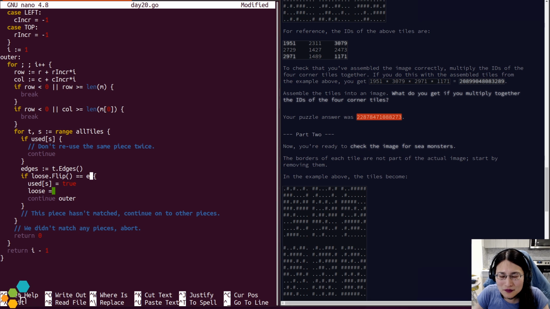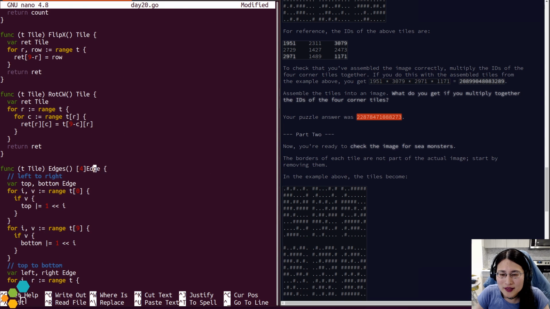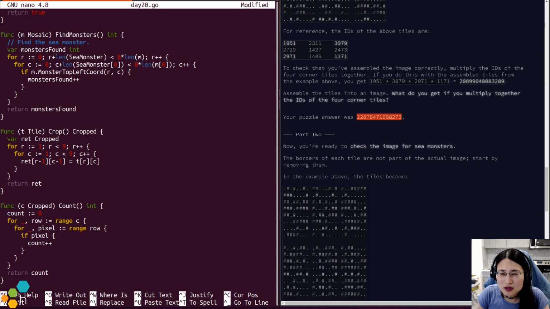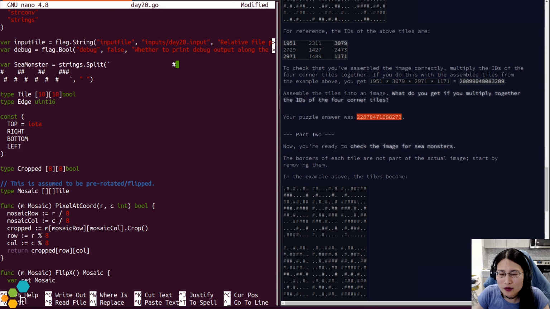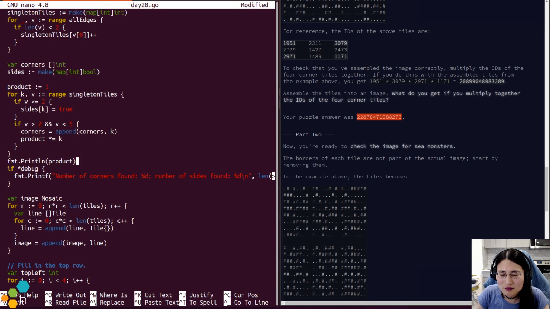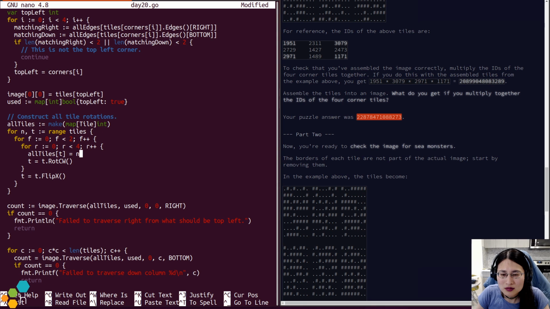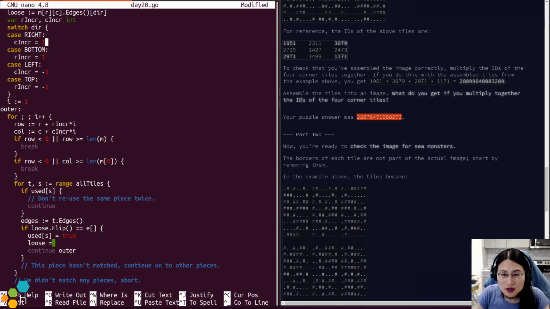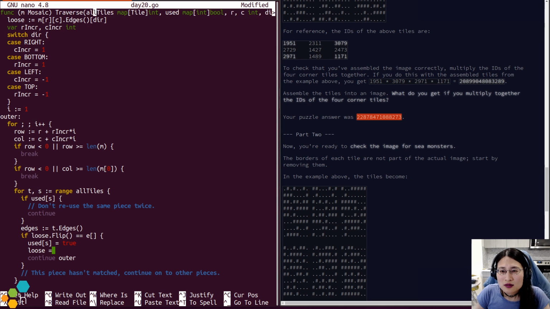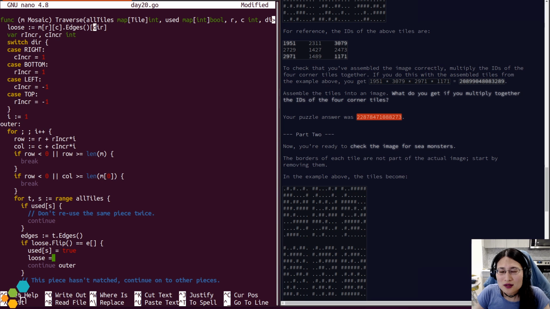So loose.flip is edges of, I'm going to define an opposite really fast. Oh no, but I can't define an opposite on the iota, which is annoying. That's fine. I understand what I needed to do here. So it's the direction.